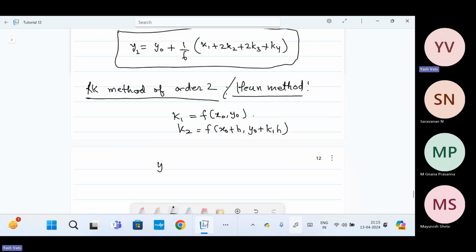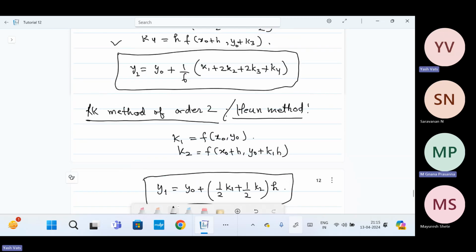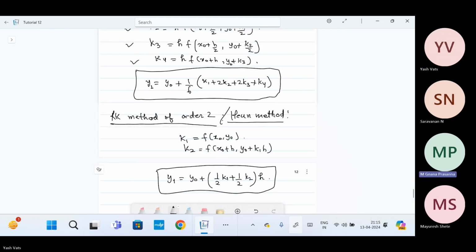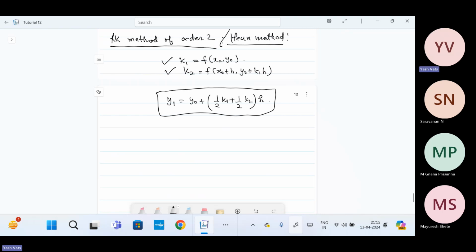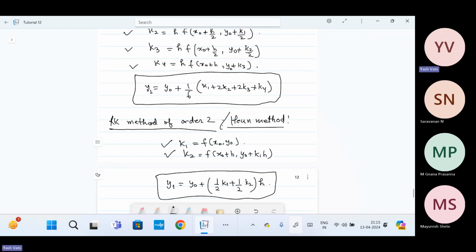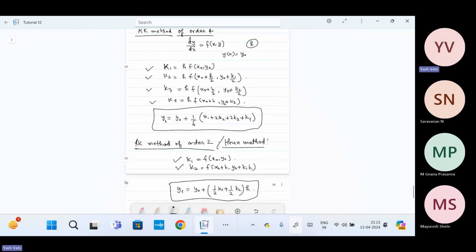Then y1 is y0 plus half k1 plus half k2. So this is the formula for the Heun method. You need to find k1, then k2 from k1, and that's all. And you can implement these formulas in the questions.